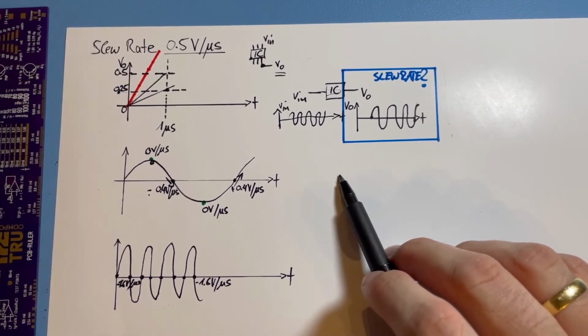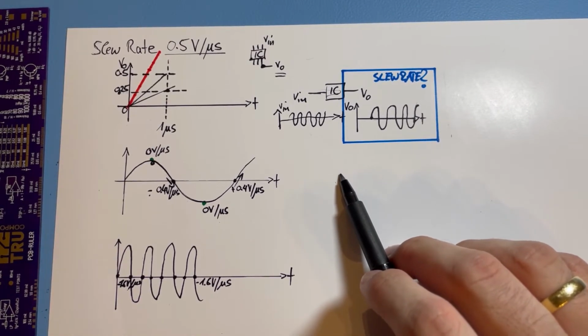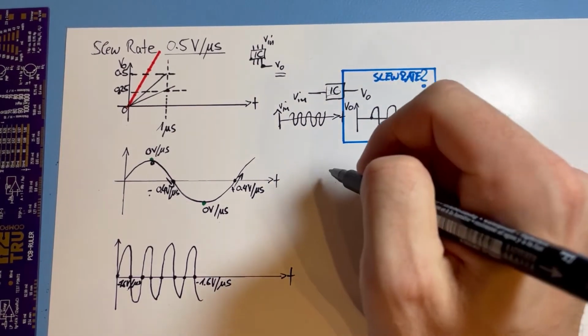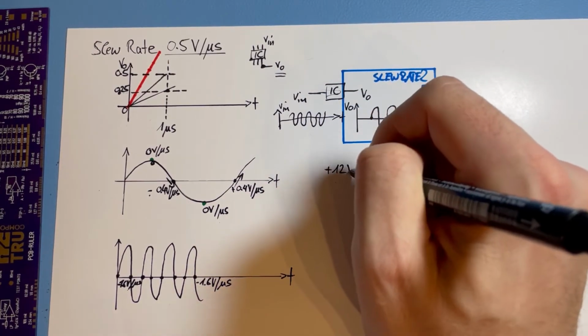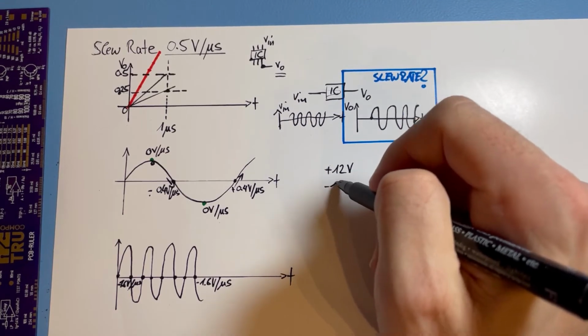So one could say, I have a voltage signal, and it goes from plus 12 volts to minus 12 volts.